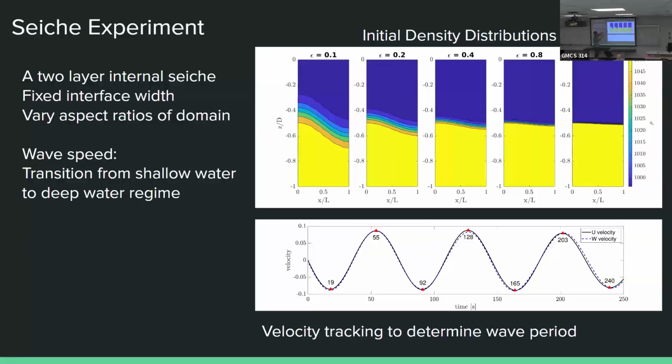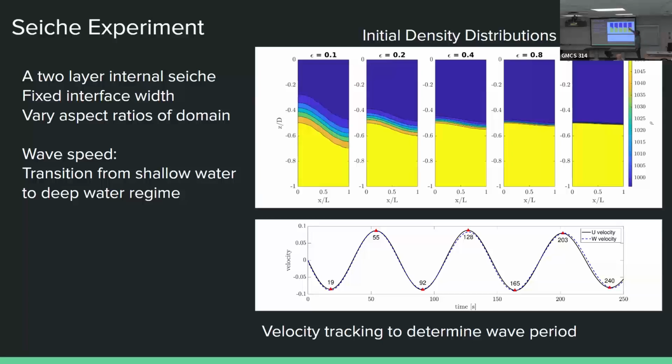The dense stuff will slosh underneath the lighter stuff. And all I'm doing is taking this domain and stretching it. So it's still this difference, but this one is just much taller, much taller, much taller. That's what that epsilon is. It's the ratio of the length to width, or width to length.